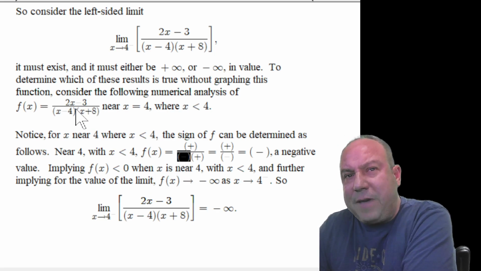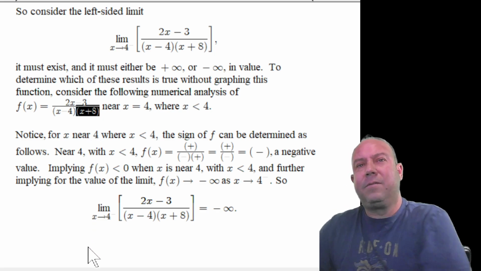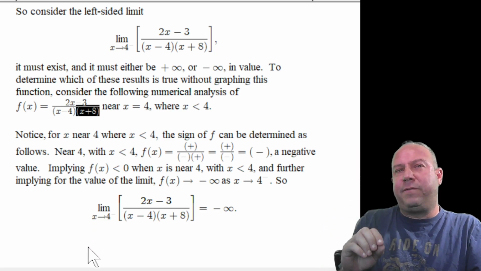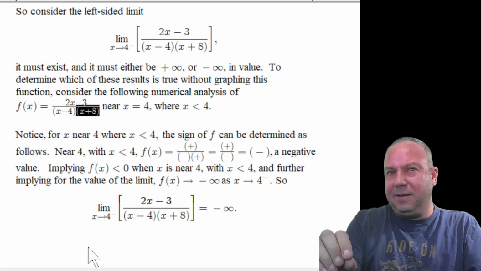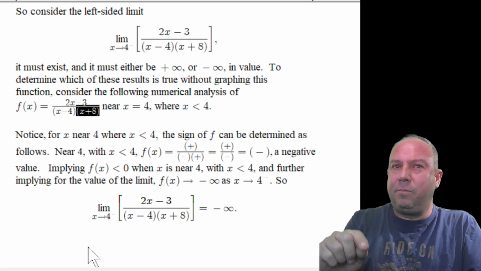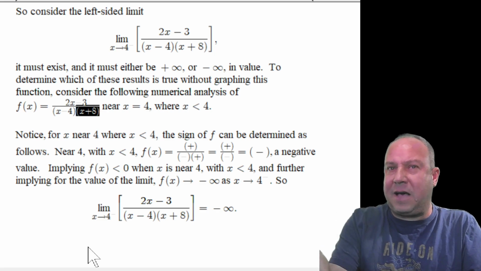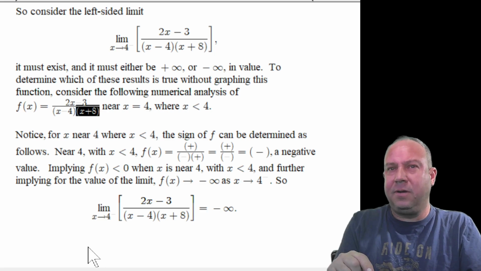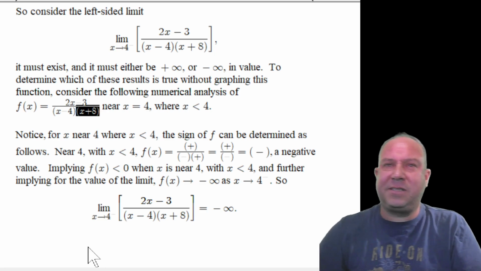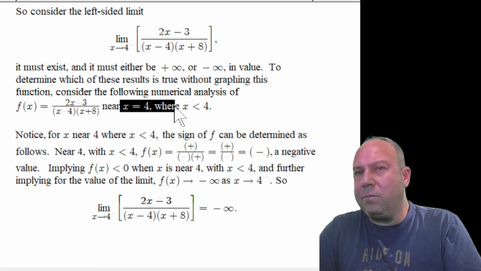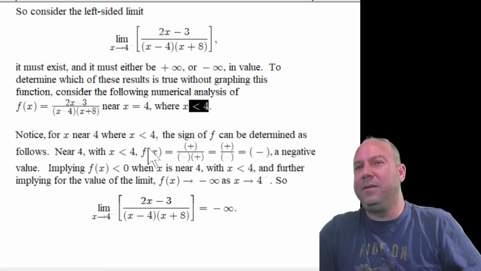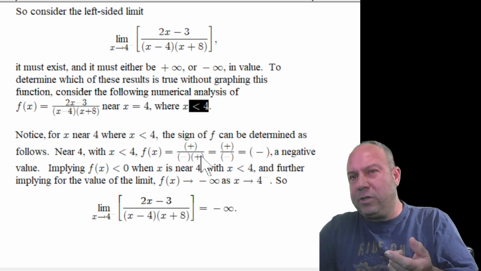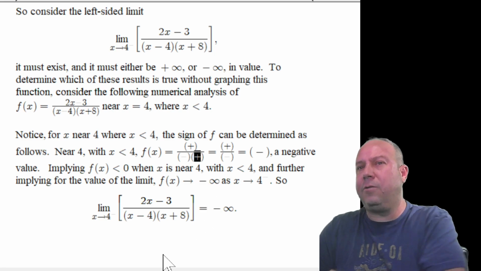The second factor, right? If I'm a little smaller than 4 and I add 8, well, we're adding a positive value to another positive number, because we're just near 4, but a little smaller than it. We're also always going to be positive in value.